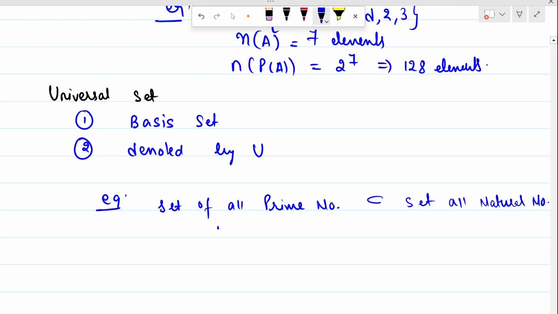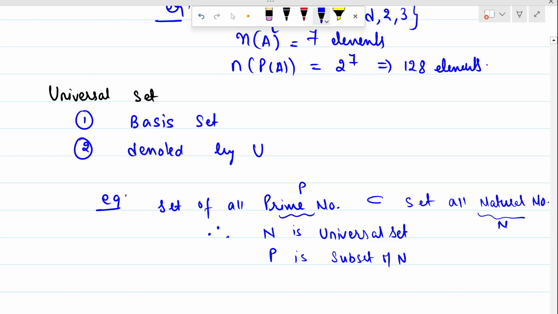Then we can say N is a universal set, and P is a subset of N, where N is the universal set.